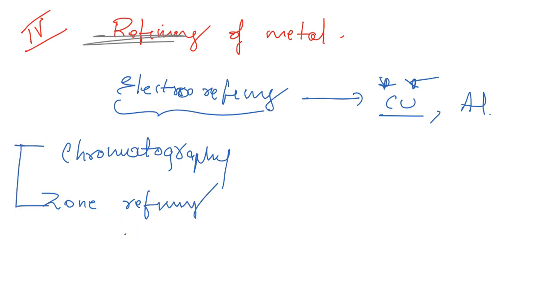Now we have discussed the four steps of extraction of metals and purification. Let's try to list all of them on the same page so that we have a better idea. Step 1 is concentration. Let's write it from the corner so that we can accommodate almost everything on the same page.